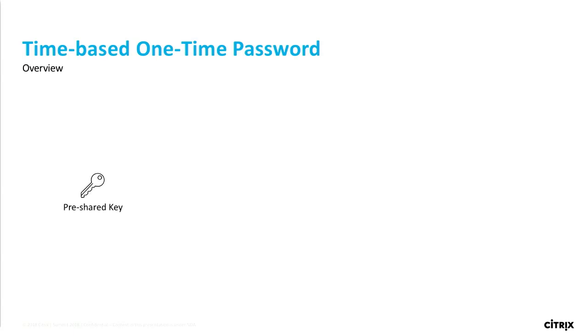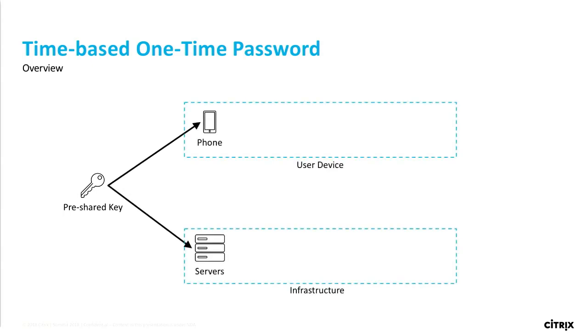So with TOTP, it's all based on a pre-shared key. And you get this key from the infrastructure. So what happens is when you register for a token, a key appears, and the key gets stored on your endpoint device, on your mobile device, and it gets stored on the infrastructure.